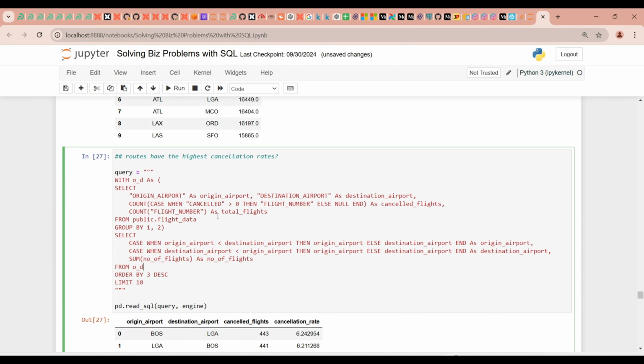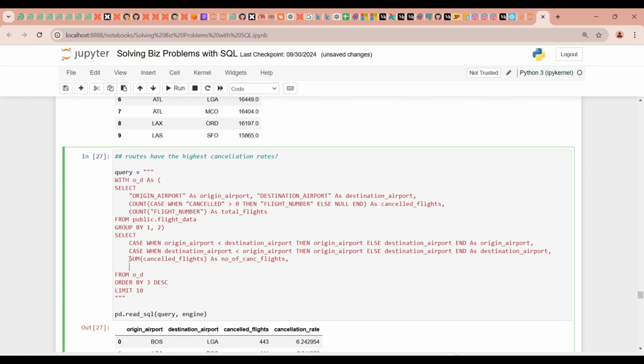So here, the cancelled flight, you have to sum this, sum cancelled flights as number of cancelled flights. Now, the rate of cancellation has to be the sum of these, divided by the sum of total number of flights for that route.